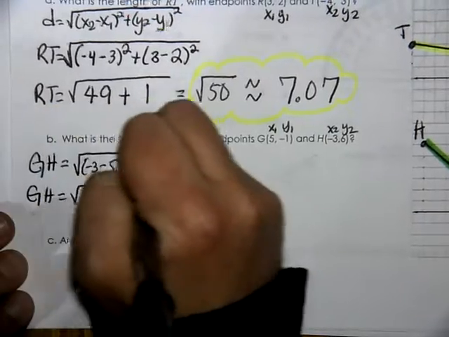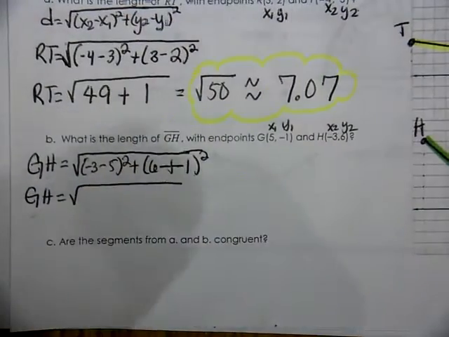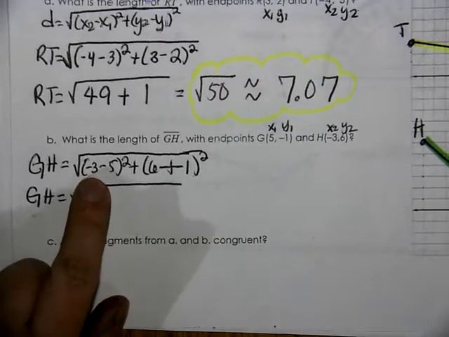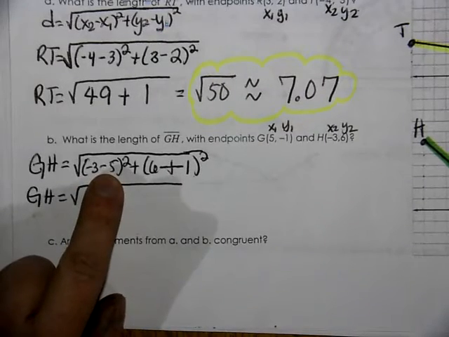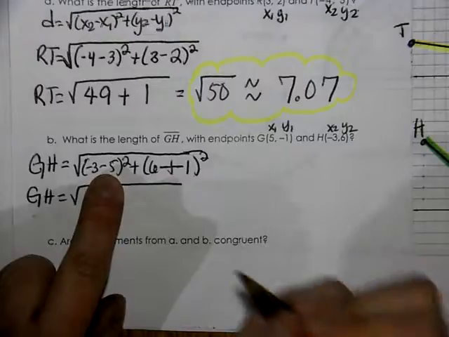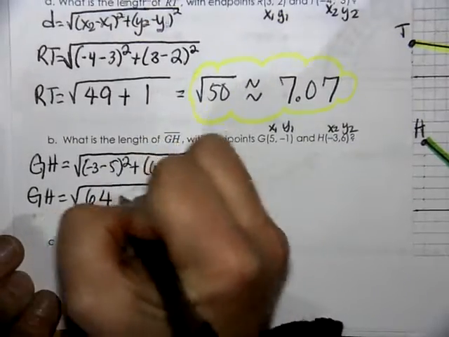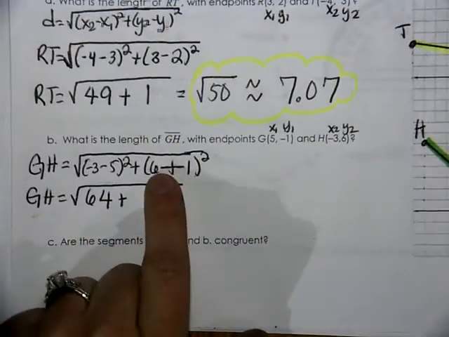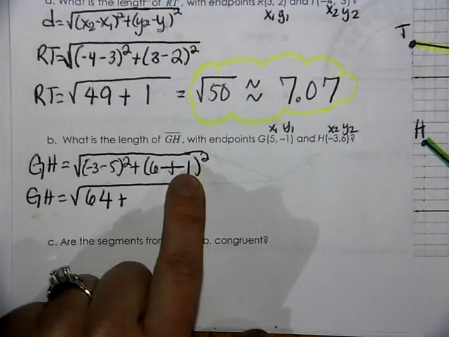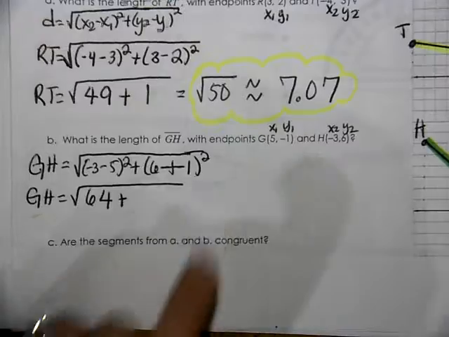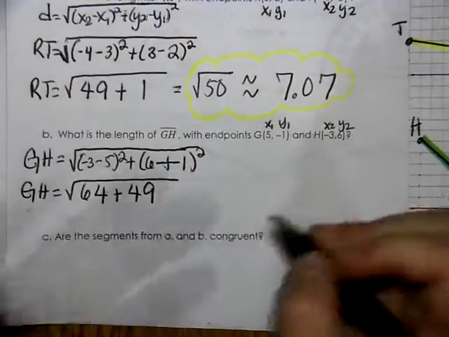We have GH is equal to, and I'm going to do more than one step in one step. -3 minus 5 is -8. -8 times -8 is 64. Plus 6 plus 1 is 7. 7 squared is 49.